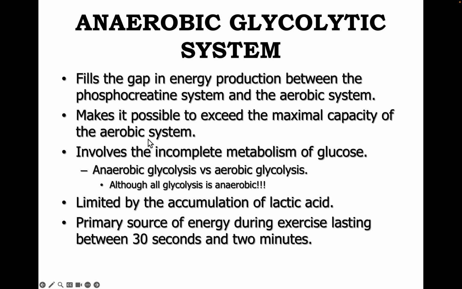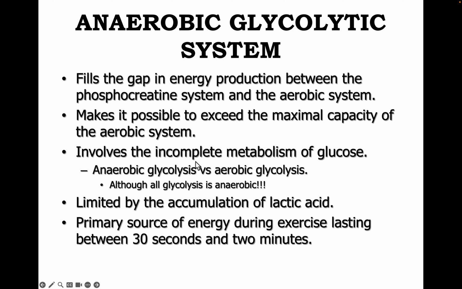While our aerobic energy system is nice because it can produce the most amount of ATP, it is very slow compared to the phosphagen or phosphocreatine energy system. So therefore, anaerobic glycolysis is used to create additional ATP that our body needs during maximal exercise.